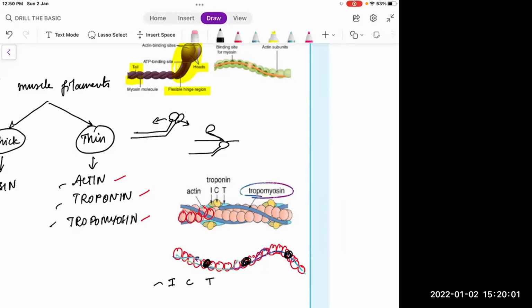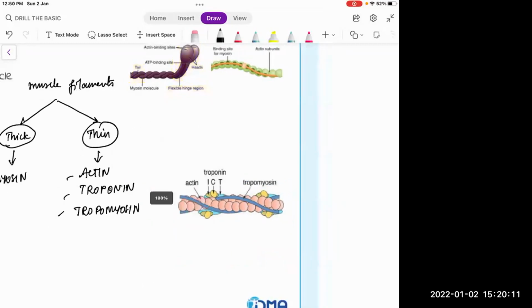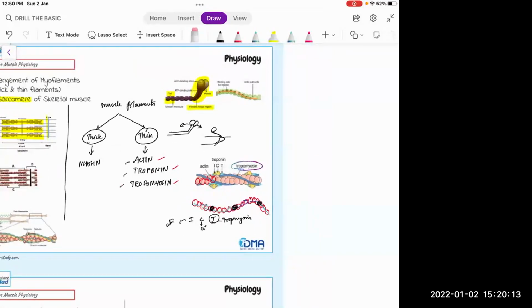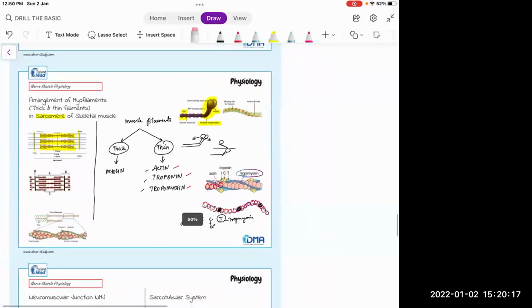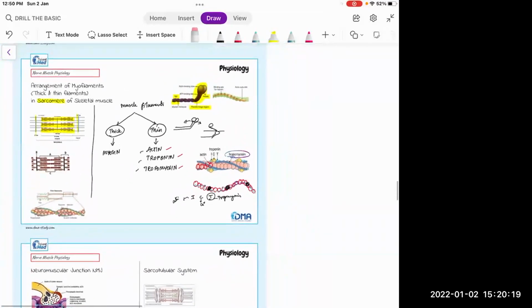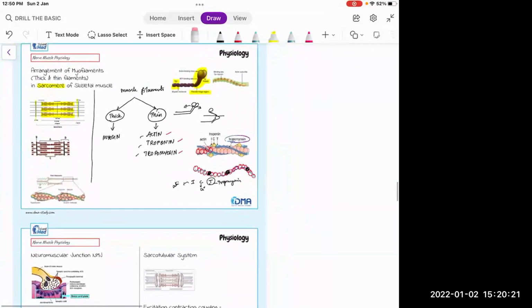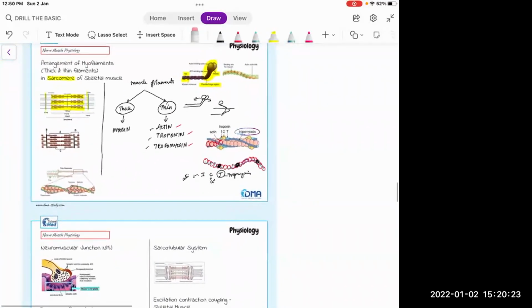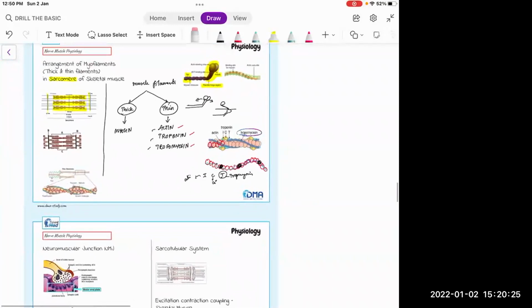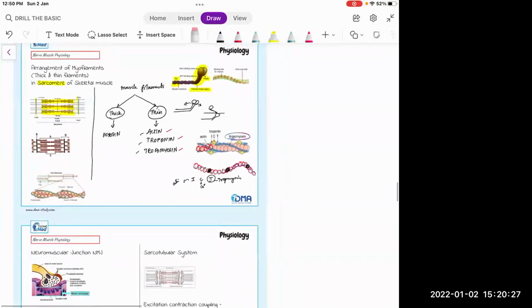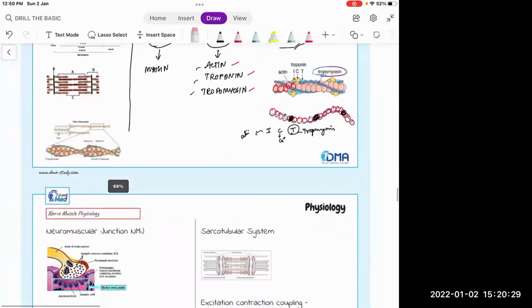I site binds with the actin, C for calcium, T for tropomyosin. So this is the structural representation of how the thick filaments and thin filaments are present. How all these function and how the mechanism of muscle contraction takes place, we will see in the regular physiology classes.